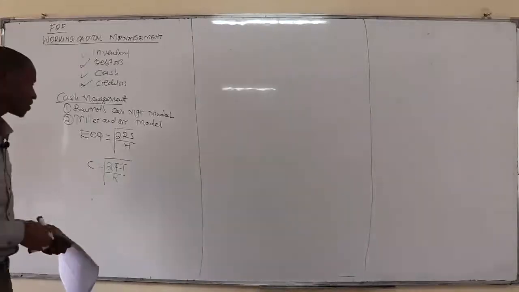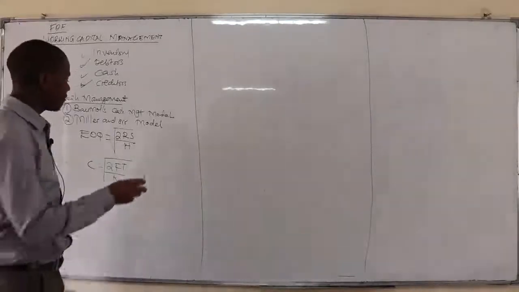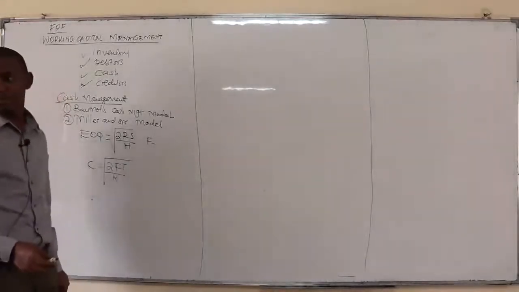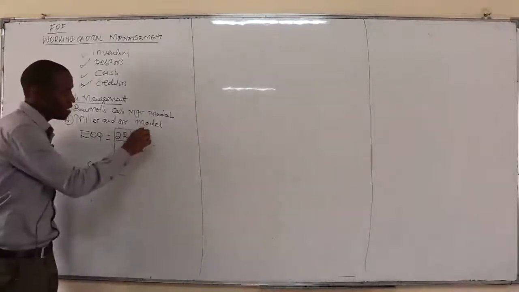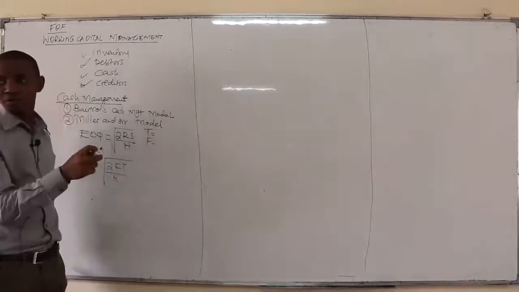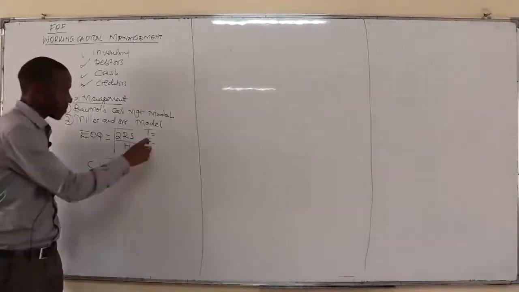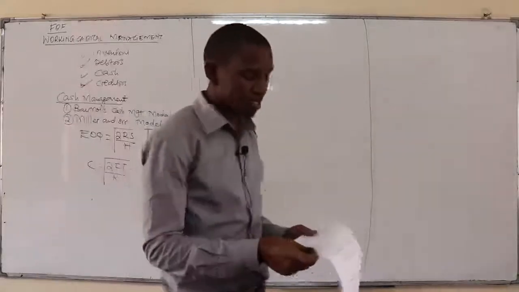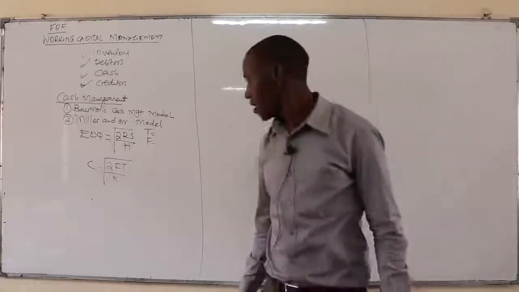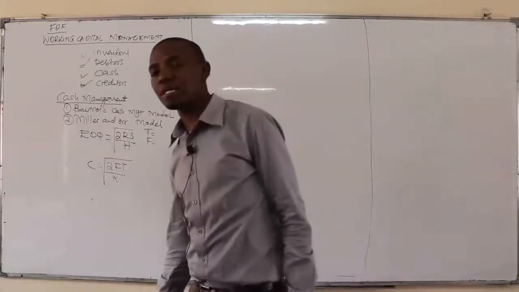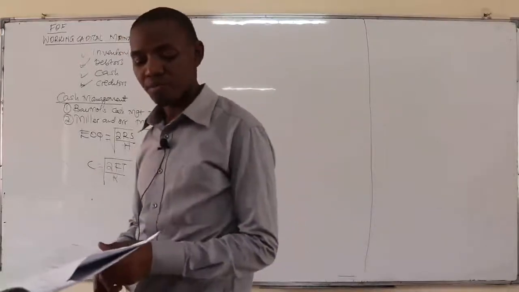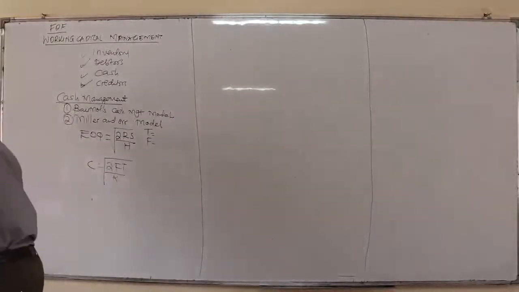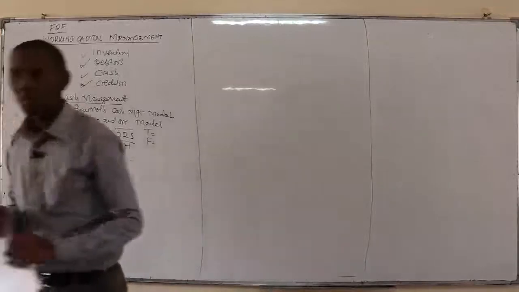T is the total amount of cash required for the entire period. F is the fixed transaction cost per transaction. And K is the interest rate or the opportunity cost.